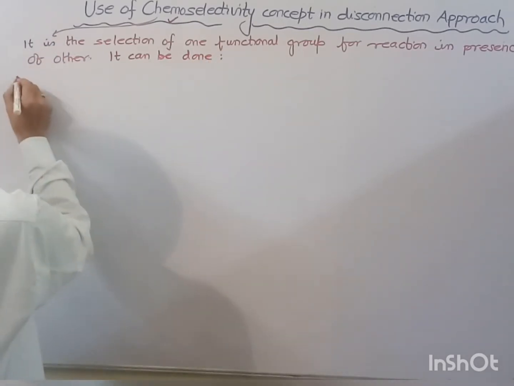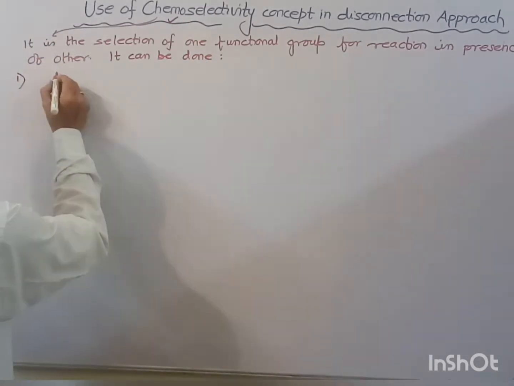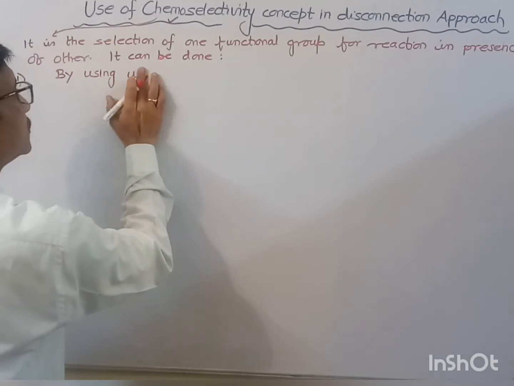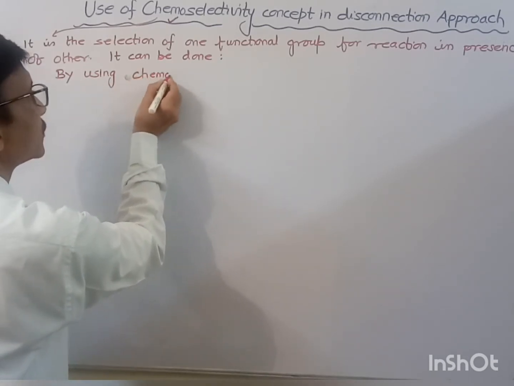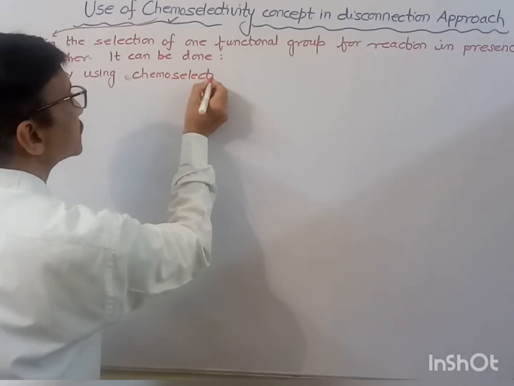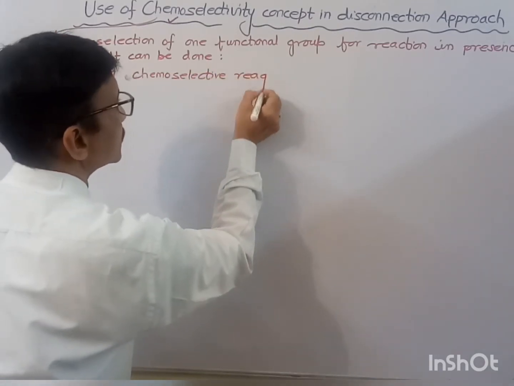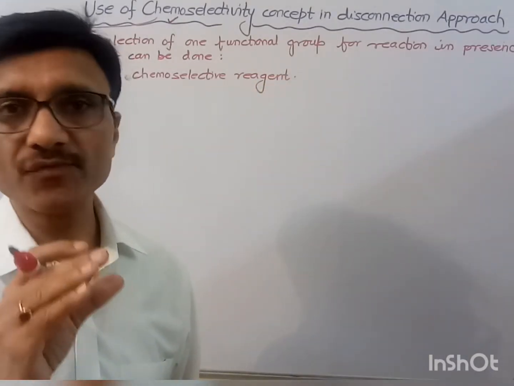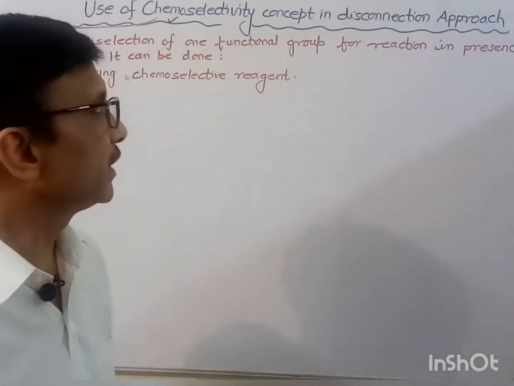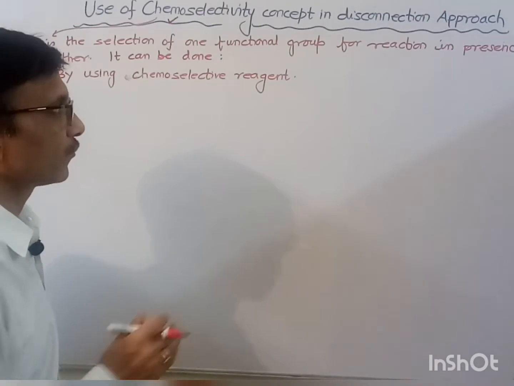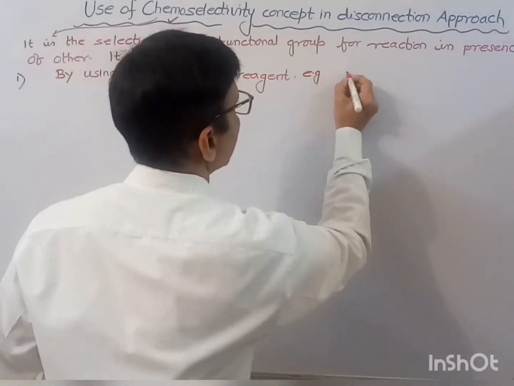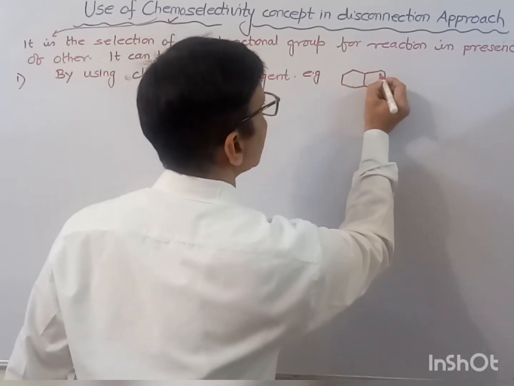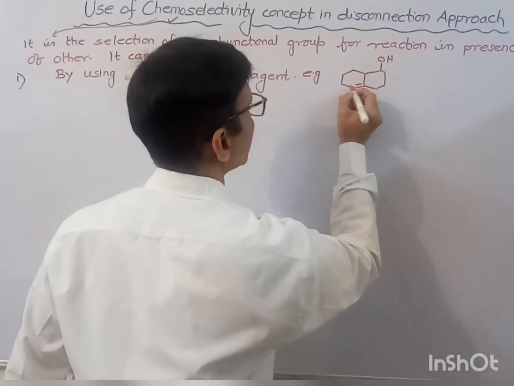One of the ways is by using a chemoselective reagent. This chemoselective reagent selects only one functional group for the reaction. If we have two functional groups, it will select only one. For example, suppose we have two functional groups and both are the same functional group, alcohol.